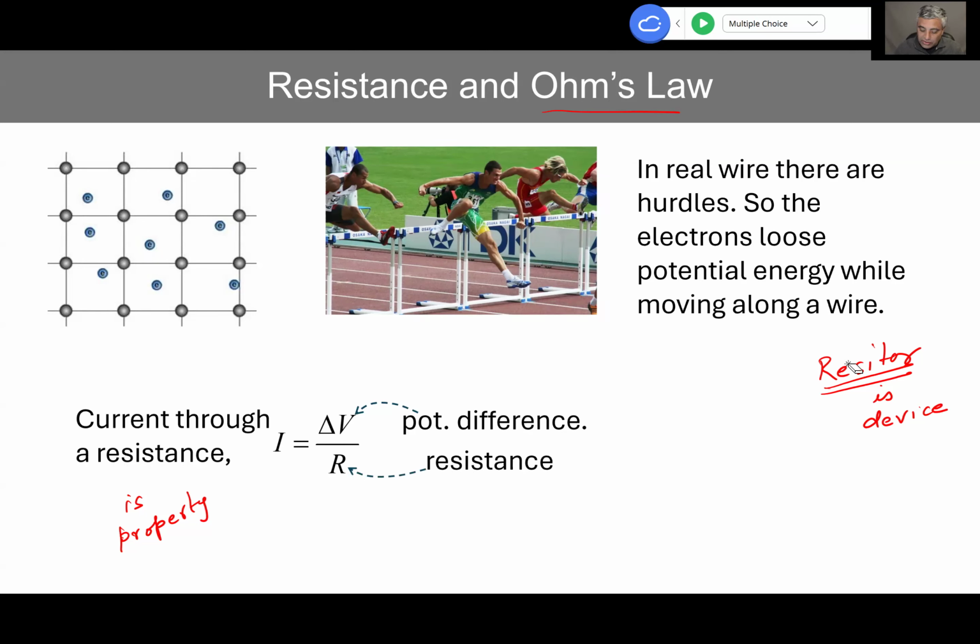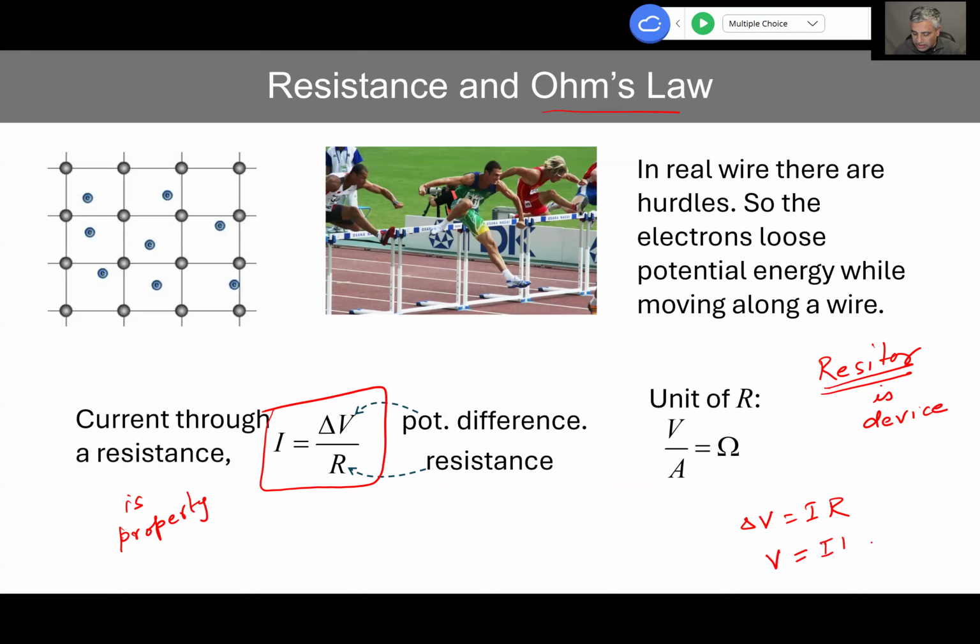So this equation is called Ohm's law. In short, most of the time we may write just delta V is equal to I times R, or maybe simply V is I times R. Either way, we mean the same thing.